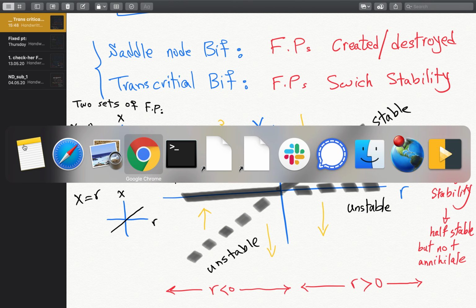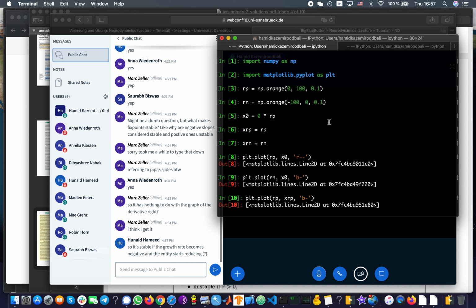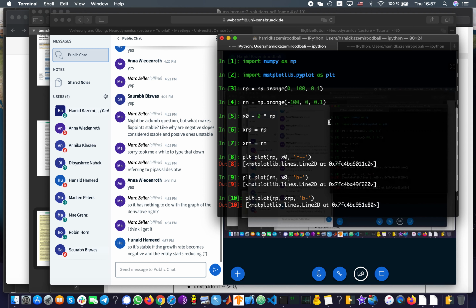So if you want to draw this diagram, for instance, you again have the NumPy library and Matplotlib library, and you have a range for positive r's, which starts from 0 to 100, and for negative r it starts from minus 100 until 0 with steps of 0.1, and this is just x is equal to 0.